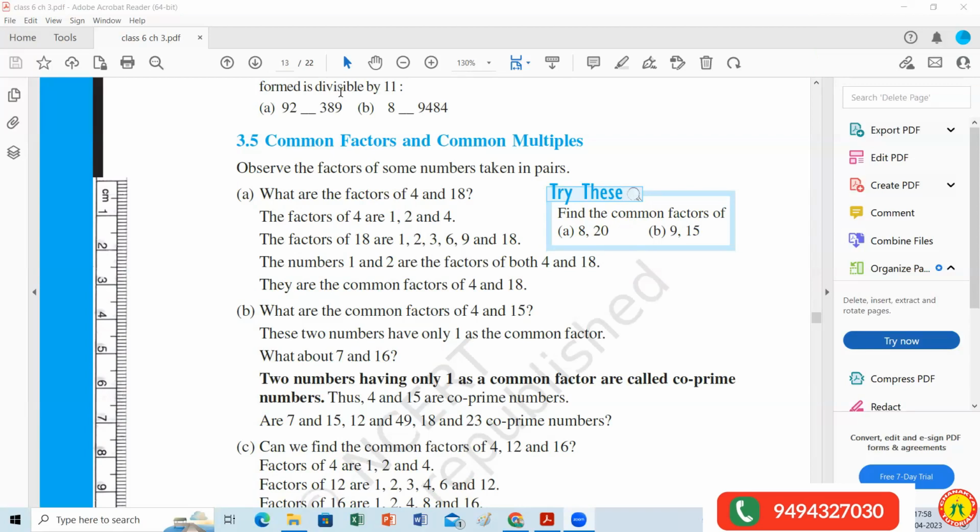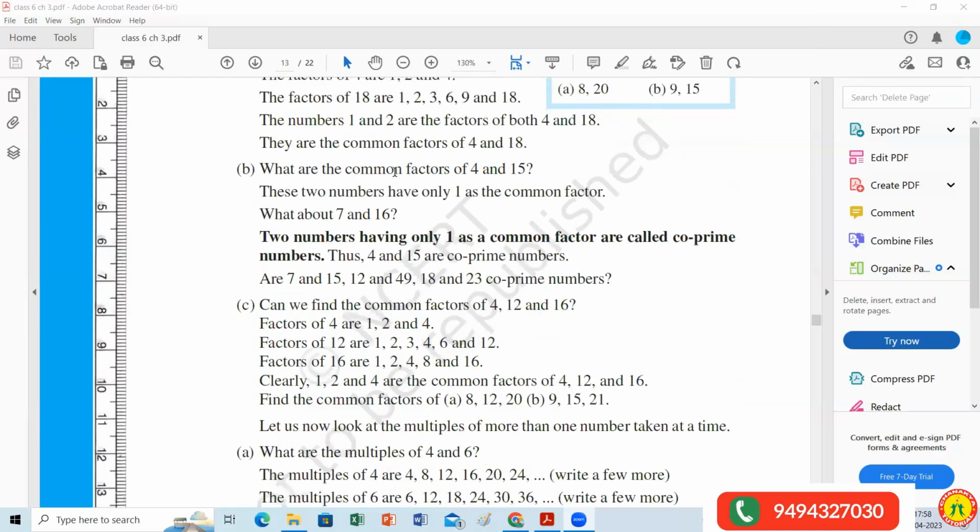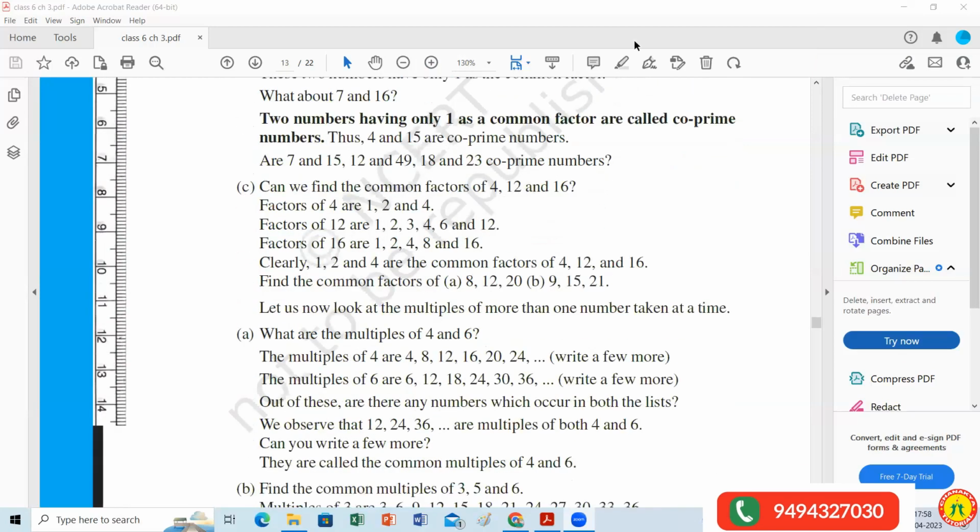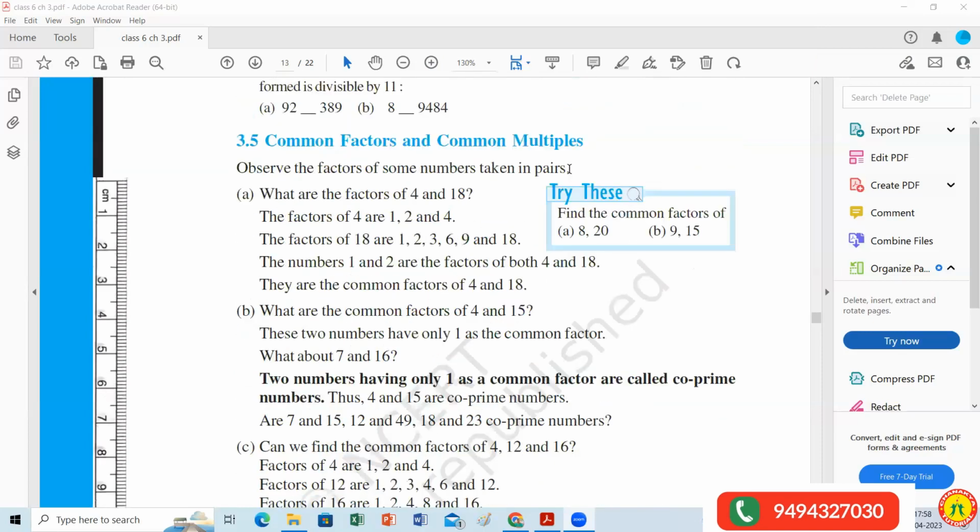So the HCF of co-primes is always 1, right? So can we call 11 and 13 co-primes? Yes, very good. Good question, Advika.